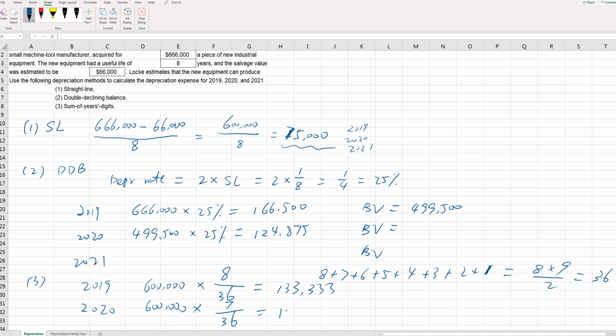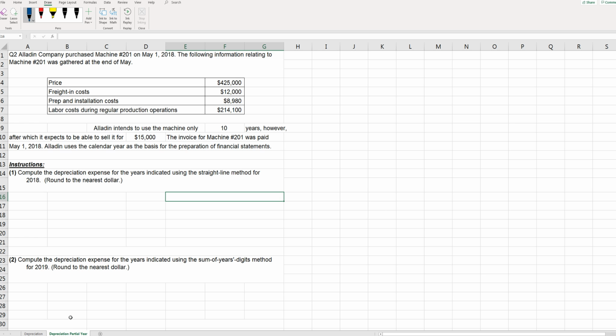It's going to give us a smaller amount, approximately, and we finish 2021 the same way. So the first problem is very basic. Then we move to the second one.